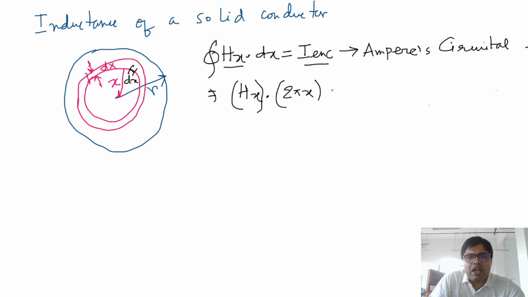Now what will be the I enclosed? The current density is I by pi r square, multiplied by the area enclosed, that means pi x square.